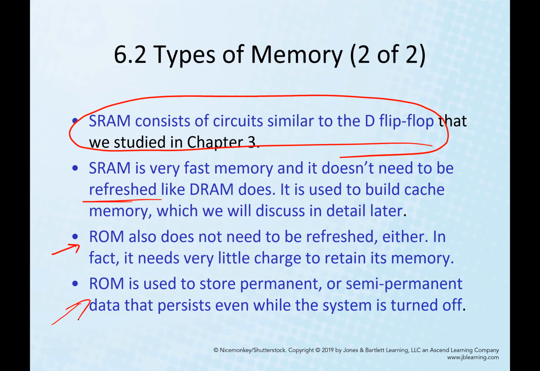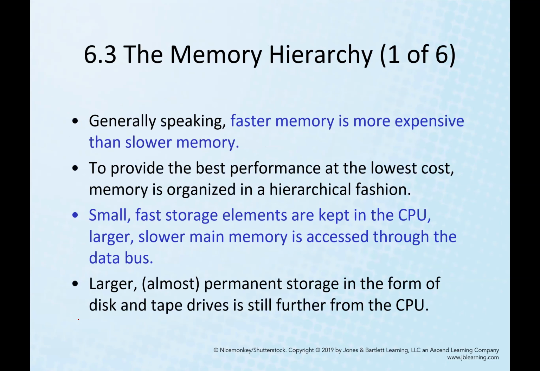Okay, now that we know what SRAM is, what DRAM is, and what RAM is, let's move to the next slide and see what a memory hierarchy is. Memory hierarchy is different levels of memory. Generally, faster memories are more expensive than slower memories. We knew that. Small fast storage elements are kept in the CPU.